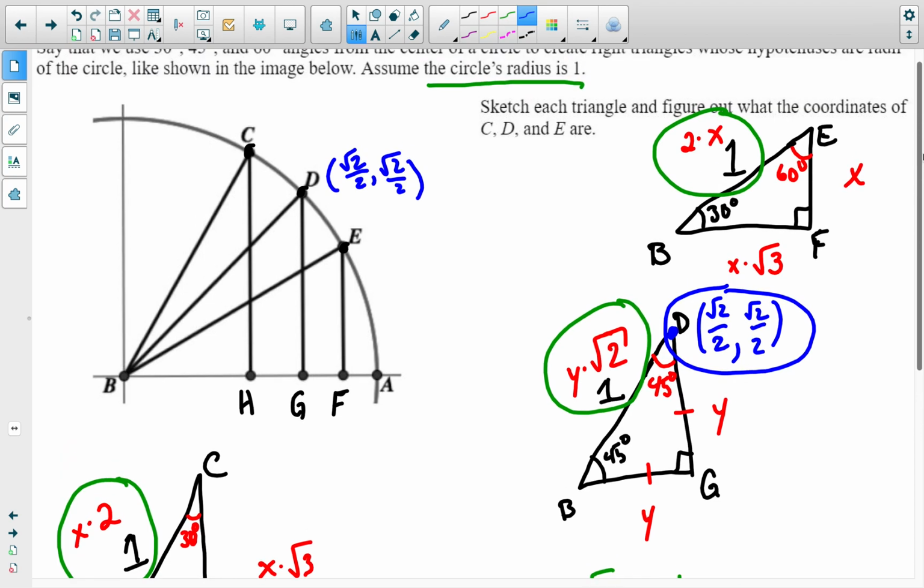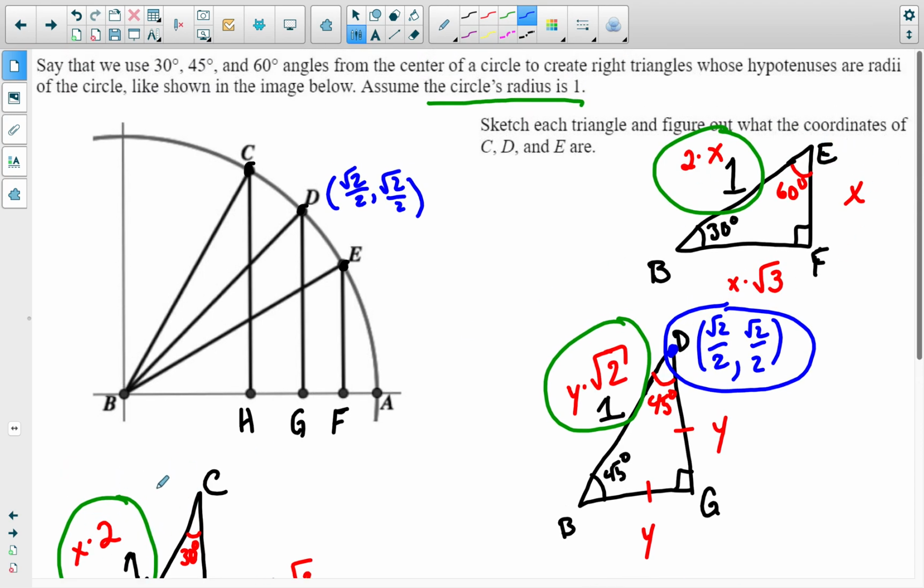And then we really only need to work with either this diagram or the other one because we're trying to find the same value in both. Okay, so we could say, hey, this hypotenuse information, 2 times x is the same thing as 1, meaning that the shortest leg has a length of 1/2.